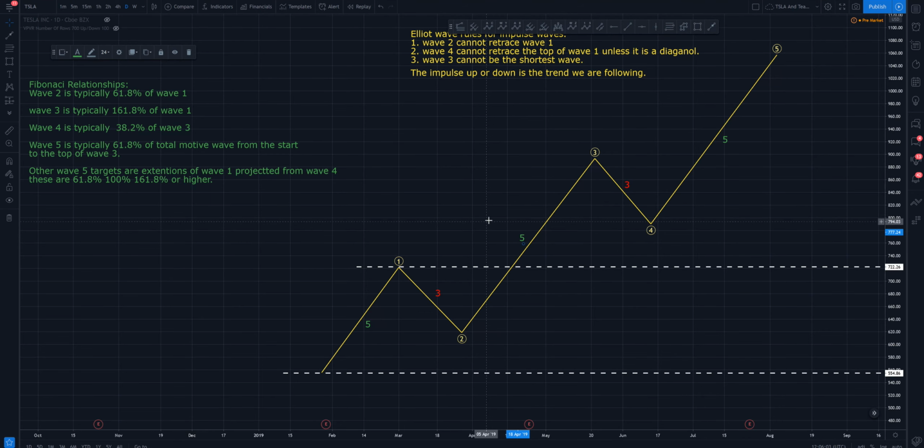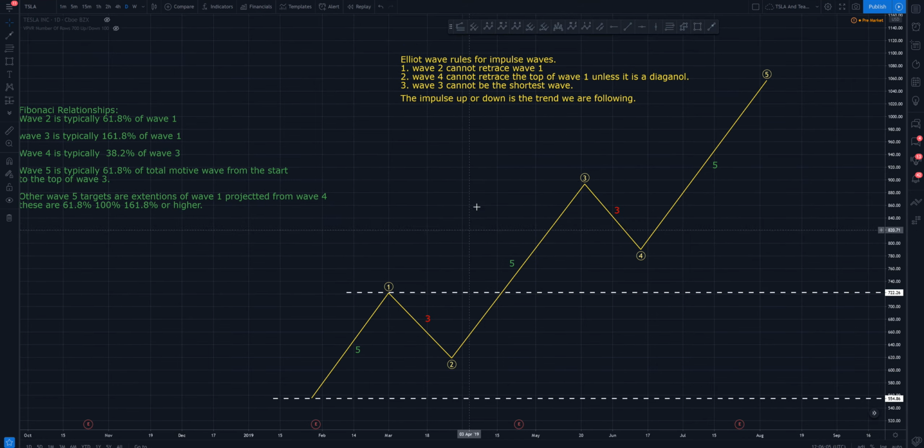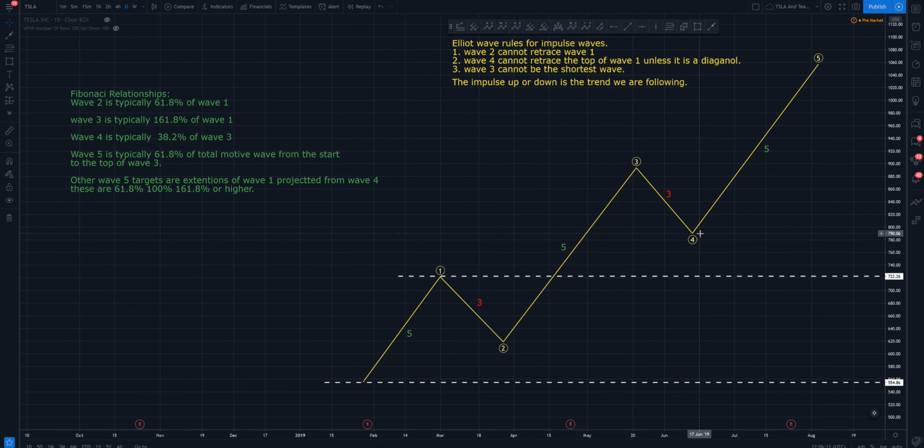I'm just showing you the flexibility. As long as these rules remain intact, there's still quite a bit of movement you can play with. Now, having established the wave 4, we've now got the wave 5. The wave 5, in my experience, and as anybody trading Elliott Wave will appreciate, has the greatest potential for variance.